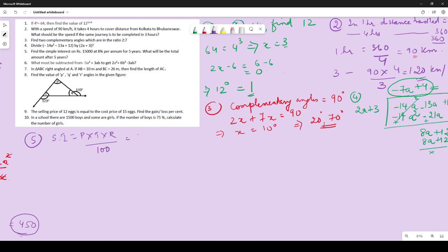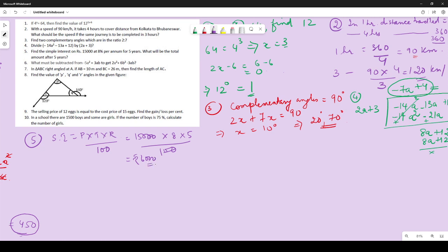So that makes it 15,000 into 8 into 5 by 100. So you take away the 2 zeros, and then when you multiply it, 150 into 8 into 5, 150 into 40, you get rupees 6,000.